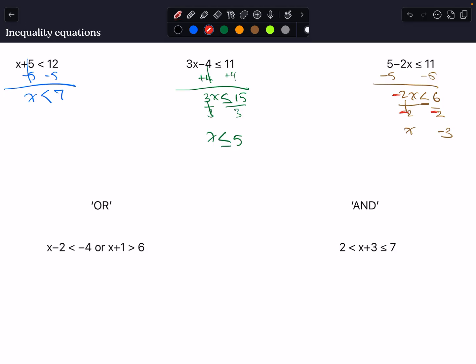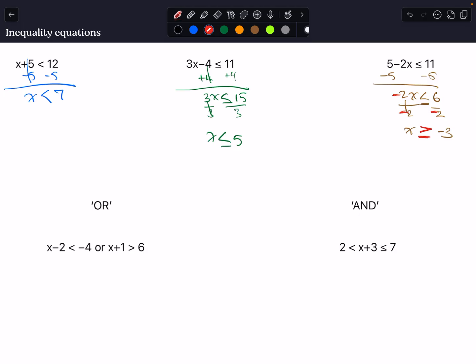I'll stick with the red color. It flips over and it becomes greater than or equal to negative 3, simply because we divided across the inequality. So just remember that step. When you're dividing across inequalities, the sign will flip. Everything stays the same, just the sign changes from less than to greater than, or from greater than to less than.